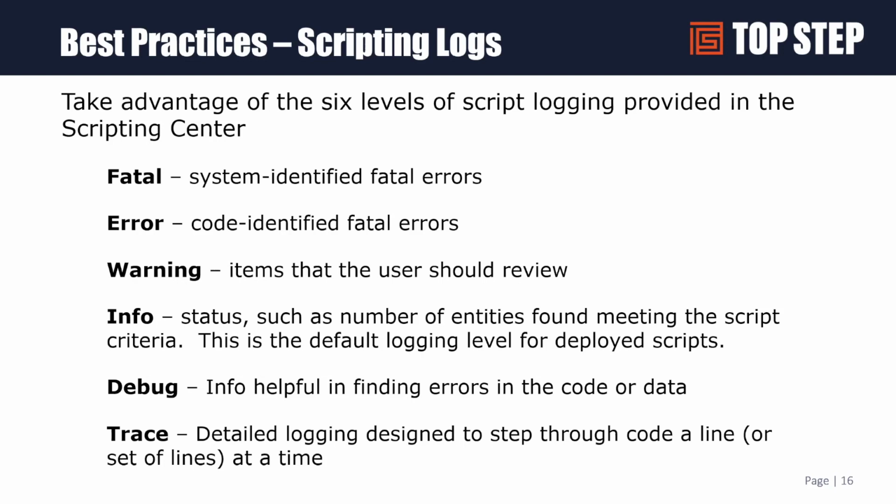If you show any one of the lower levels, you'll see items that were coded with that log level. So for example, one of the things we do a lot of is, like I said, that count of read records. We'll usually put that count as an info level log. And so if people are interested in seeing that every time the script runs, they can tell the script to run at the info log level and it will display.